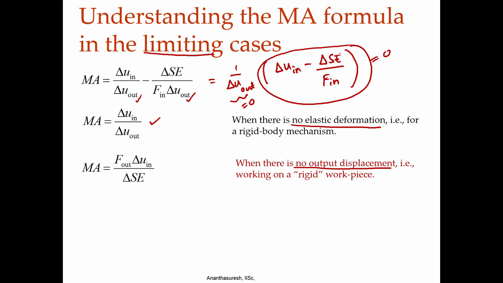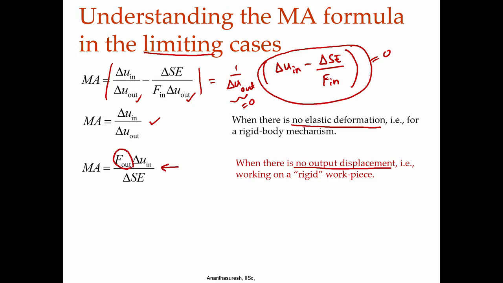Now, there is no output work because output displacement is 0, and input work is F in into delta u in. So, this is also equal to 0. So, in the limiting case, if I take the limit of this when output displacement goes to 0, it will be finite again, and that is given in this manner by introducing this F out.